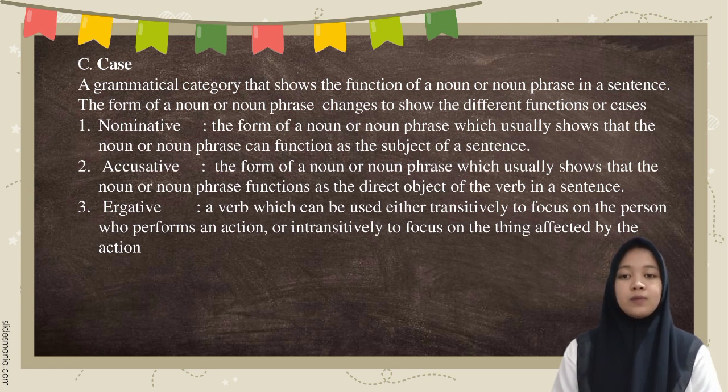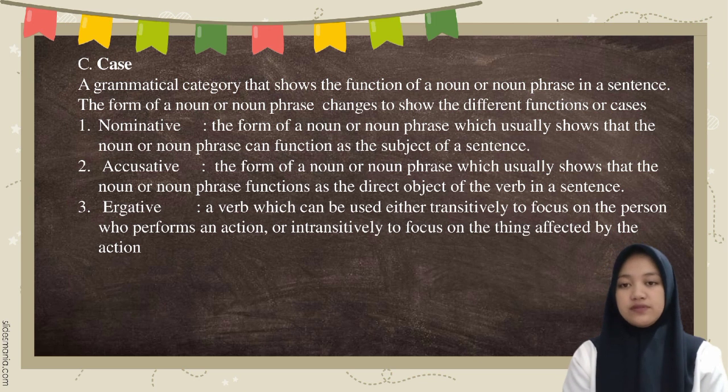Nominative. The form of a noun or noun phrase which usually shows that it can function as the subject of a sentence. 2. Accusative. The form of a noun or noun phrase which usually shows that it functions as the direct object of the verb in the sentence.